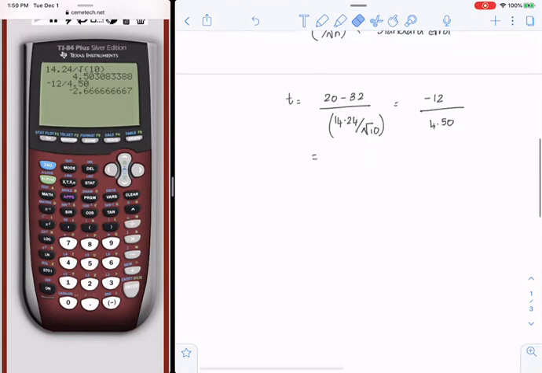We end up getting negative 2.67 as the test statistic. Now that we have the value of the test statistic, we can go on to finding the conclusion of the test, and we could do it in one of two ways, either the critical value method or the p-value method.